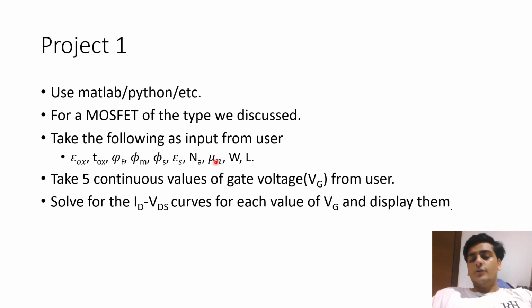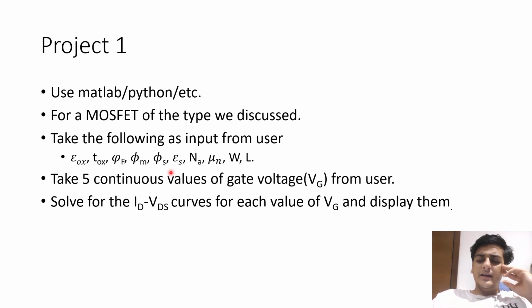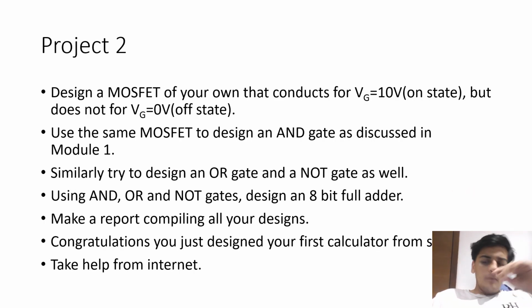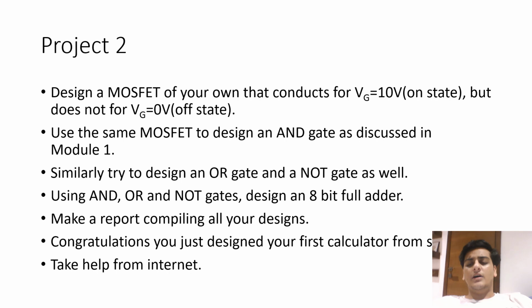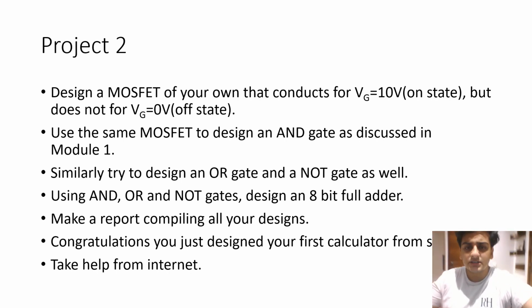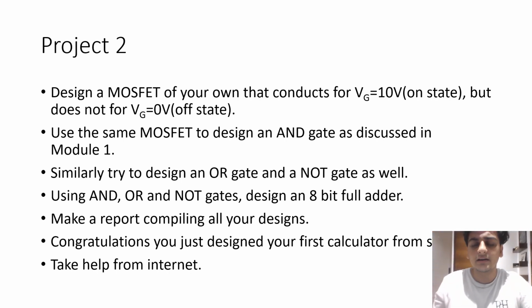You need to use these values, calculate the threshold voltage, do all of that, plug it into this expression that we derived, and do the plotting on these graphs. So, if you follow along this module or refer to it, this project should be fairly simple and it should be illustrative for the MOSFET.